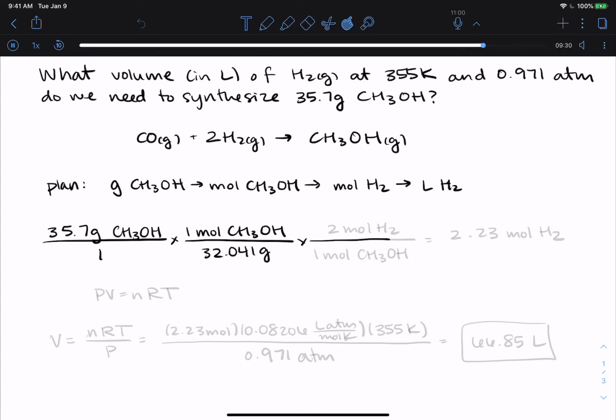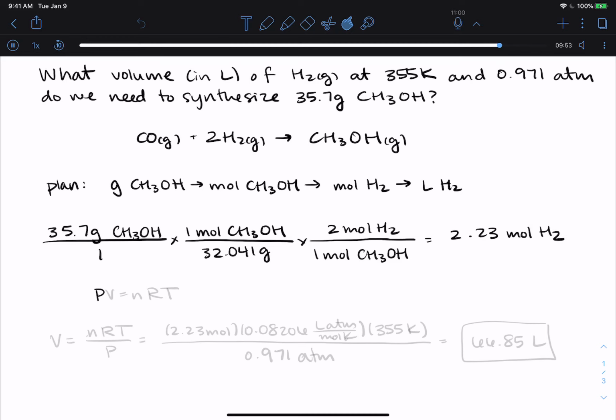From my reaction, for every 1 mole of CH3OH I get as product, I needed to put in 2 moles of H2. And this should give you 2.23 moles of H2.